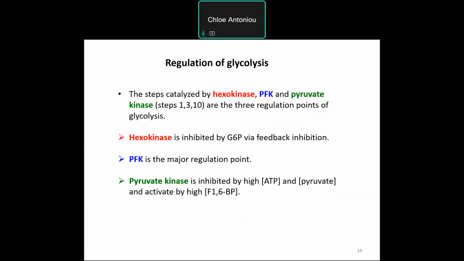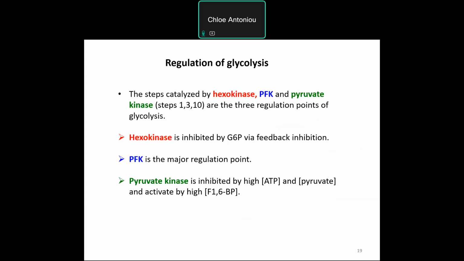It's inhibited by the product. Exactly. It means that accumulation of its products inhibits the formation of more products. So G6P, which is the product of this enzyme, when it accumulates in high concentrations, it inhibits the formation of itself. So this is the most straightforward type of inhibition you can get in biochemistry in cells.